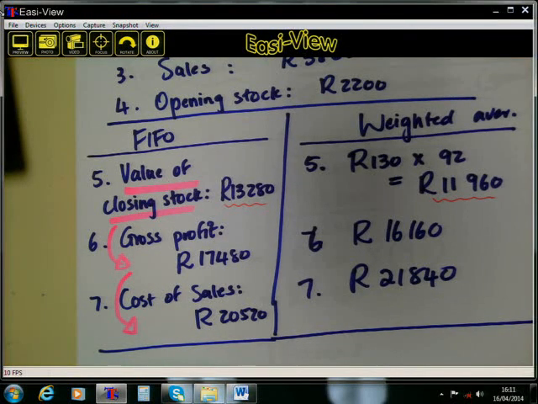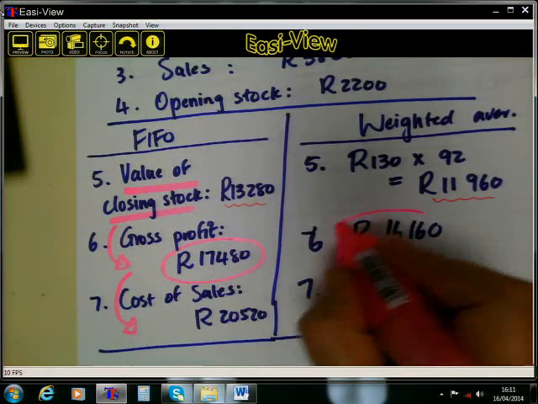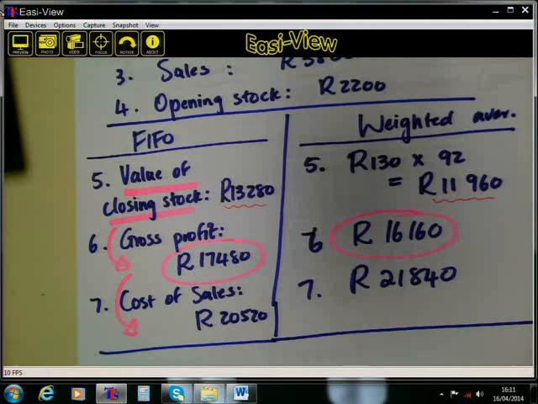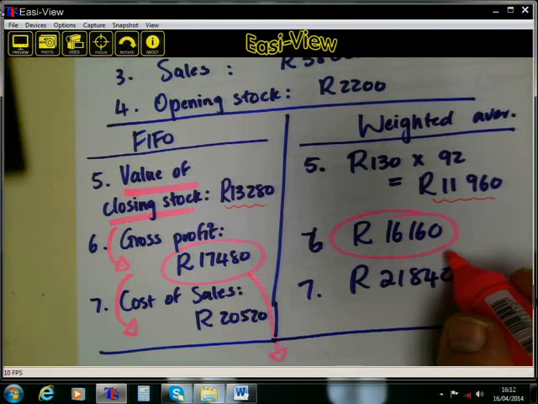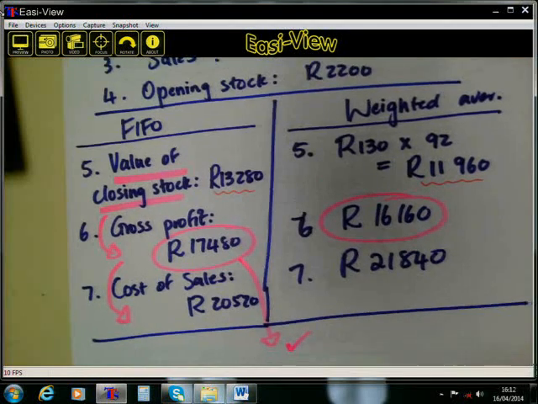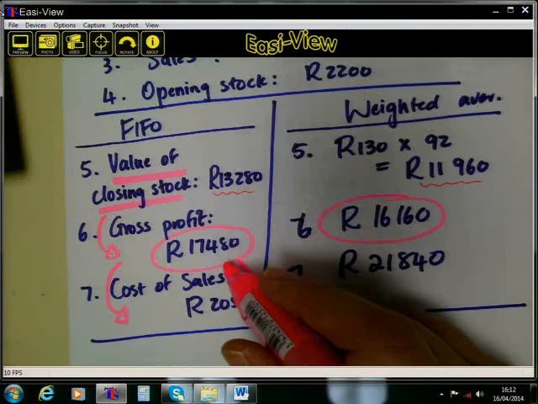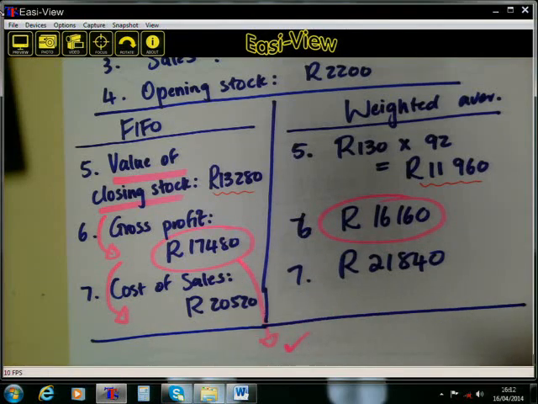At the end of the day, they are going to look at this. That's what I mentioned previously. If you are in the FIFO method and your gross profit is higher than the weighted average method, that's fine. But if you are in the weighted average method and your gross profit is higher, you cannot change to the FIFO method.